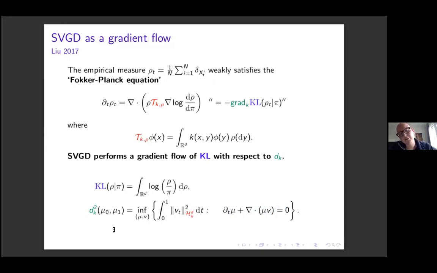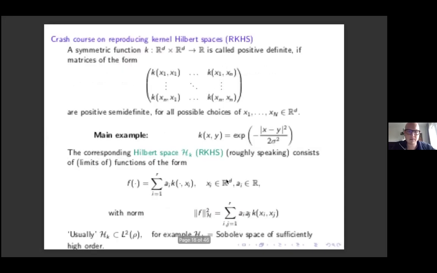And the length of a curve connecting mu0 and mu1 is then by definition given by this integral. So we measure the norm of the driving vector field in a specific space, which I'll address on the next slide. Infinitesimally speaking, the length of the curve is given by the norm of the driving vector field. Of course I haven't introduced this space yet, so I will do this now.